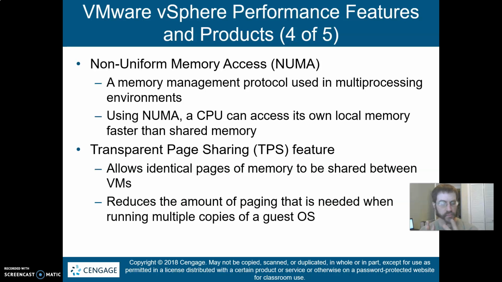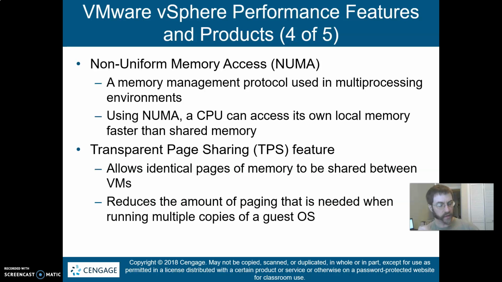This also allows transparent page sharing. Transparent page sharing is particularly useful because if you have multiple instances of the same operating system running in multiple virtual machines, they all have some of the same executables running, the same drivers, etc. So rather than having 50 instances of the NTOS kernel or NTFS.sys or the HAL DLLs or whatnot, or 50 different versions of the same Linux kernel running, that's really a massive waste.